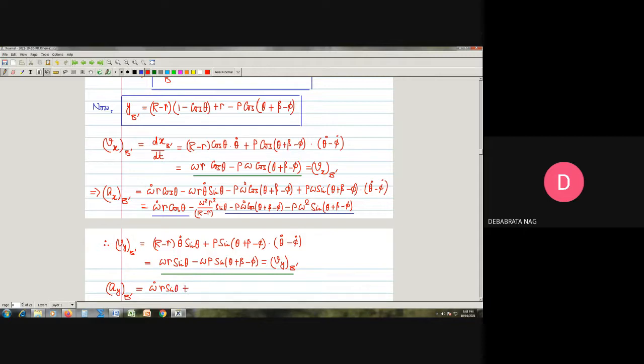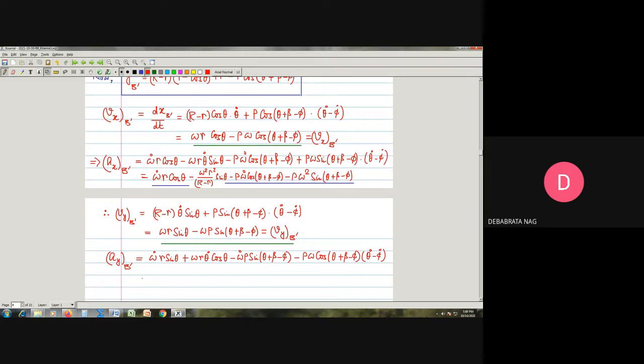Then plus omega r theta dot into cos theta. Then minus omega dot into rho into sine of theta plus beta minus phi. Then minus rho omega into cos of theta plus beta minus phi into theta dot minus phi dot. Remembering again that theta dot minus phi dot is minus omega.